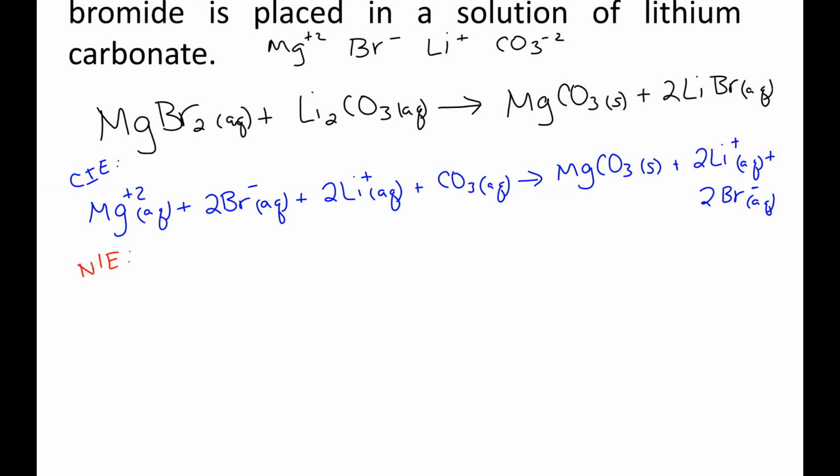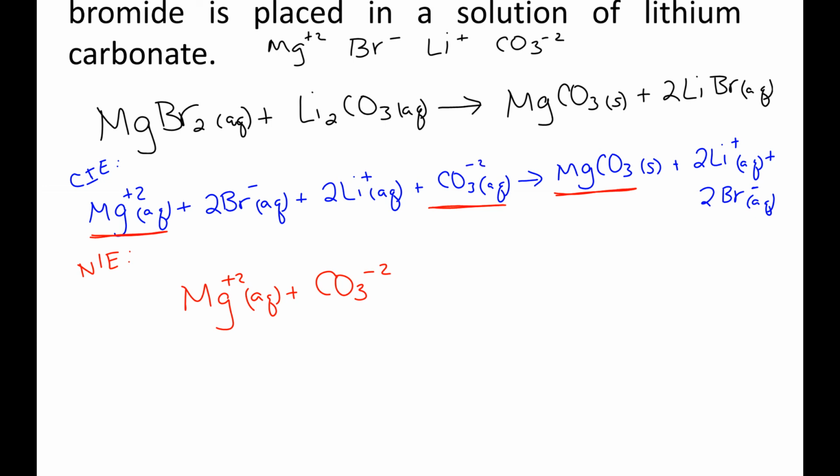So that would be, we're looking at just this. So it's going to be this piece and this piece. So it's going to be Mg 2 plus plus the CO3 2 minus. Whoops, you know what? I forgot to put the minus 2 up here.